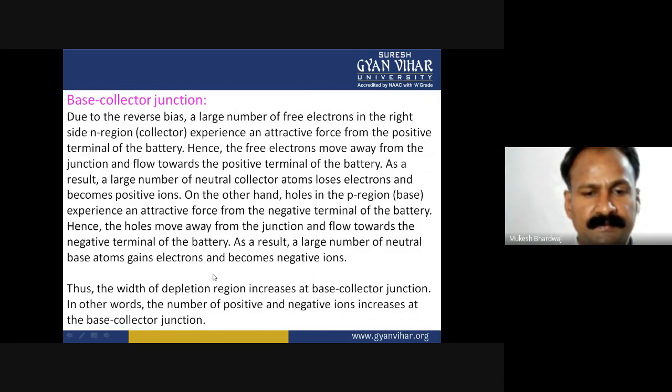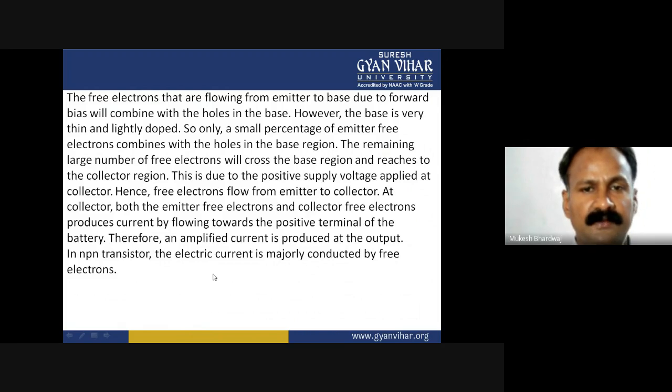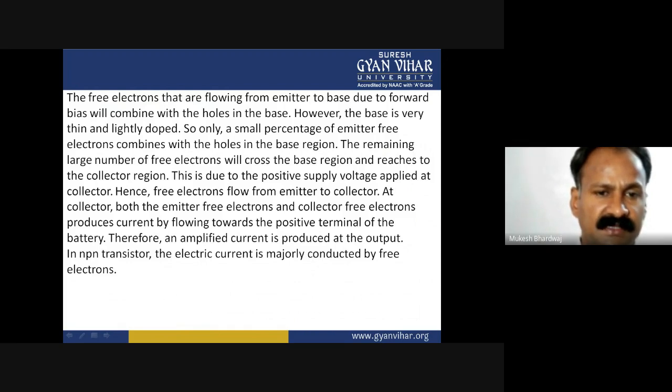Next, the free electrons that are flowing from the emitter to base due to forward bias will combine with the holes in the base. However, the base is very thin and lightly doped. So only a small percentage of emitter free electrons combine with the holes in the base region. The remaining large number of free electrons will cross the base region and reach the collector region.